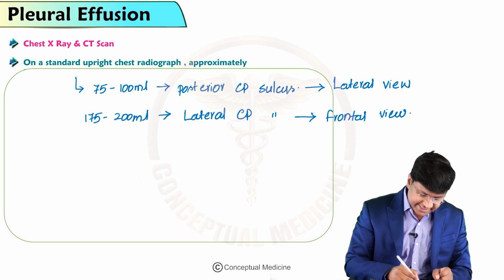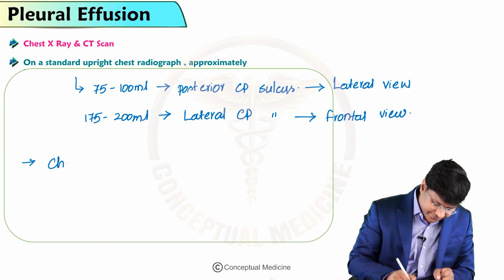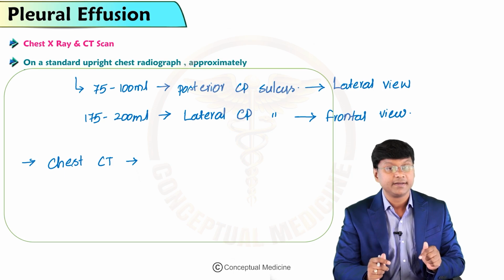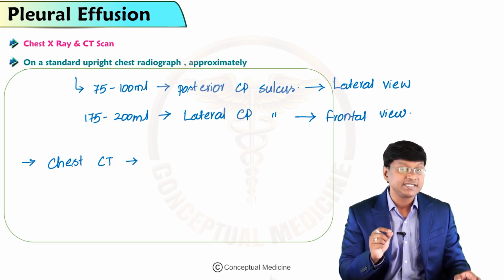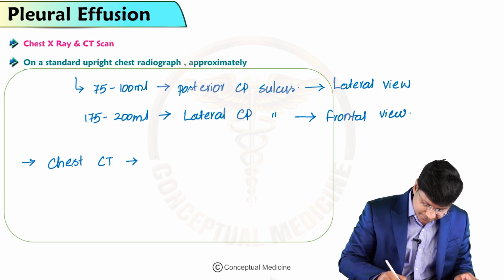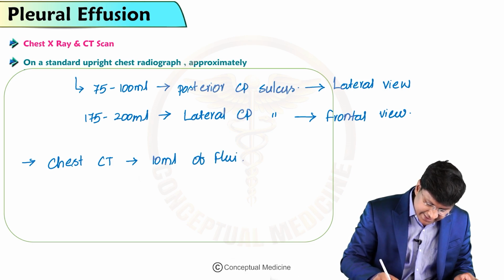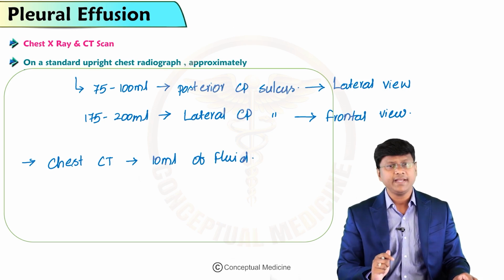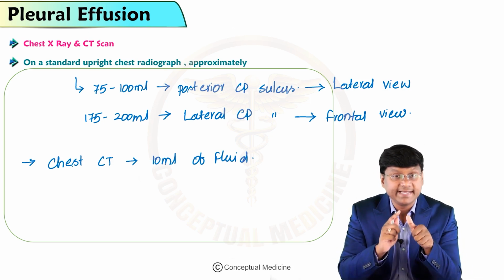And when you take the chest CT, what quantity of fluid can be identified? Chest CT scan may identify as little as 10 ml of fluid. And the next important point is that at least 1 centimeter of fluid on the decubitus view is necessary to permit blind thoracentesis. What is thoracentesis?